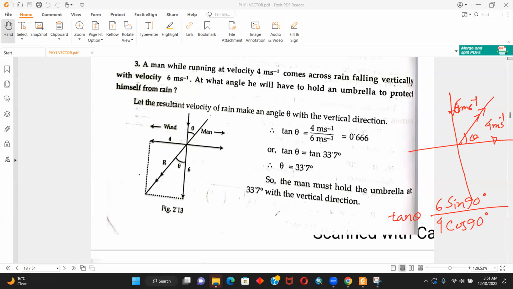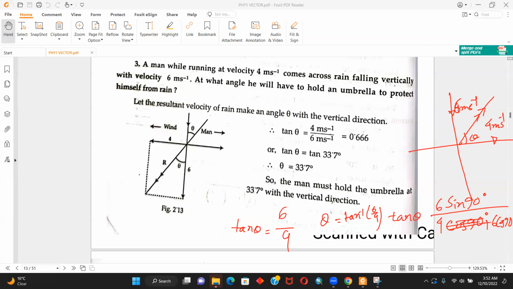So then we will get tan theta equals to 6 upon 4. Sorry, 4 plus 6 cos 90. All right, tan theta equals to 6 upon 4. Then you will get the value for theta to be tan inverse of 6 upon 4. Right? So this is how you have to hold the umbrella.